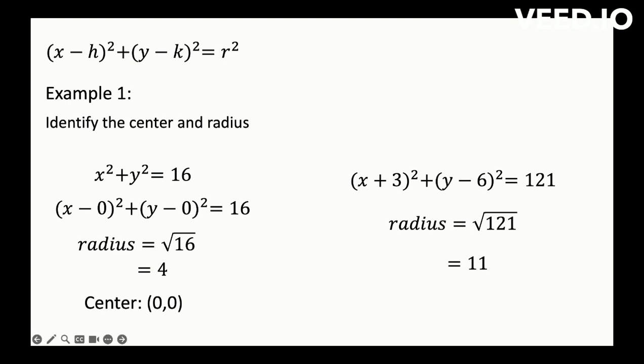As I just said, x plus 3 squared is equal to x minus negative 3 squared. So that means h is negative 3, while k is just 6. So our center will be at (-3, 6).